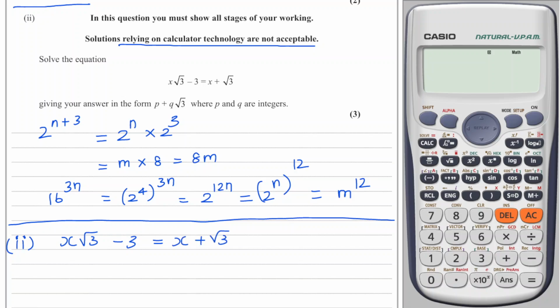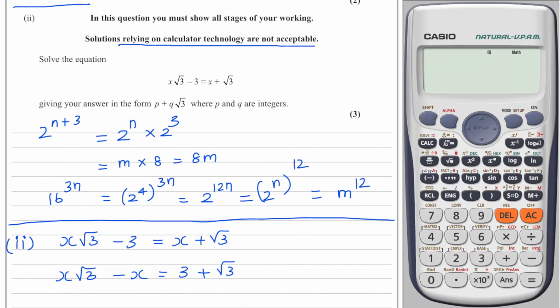First of all I can take the x terms to one side and the numbers to the other side. When I take this x to the left hand side, it will be minus x. When I take that 3 to the right hand side, it will be plus 3, because this is minus 3, so it is 3 plus root 3.